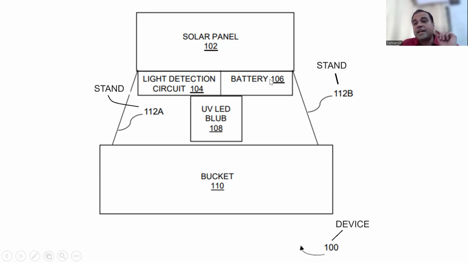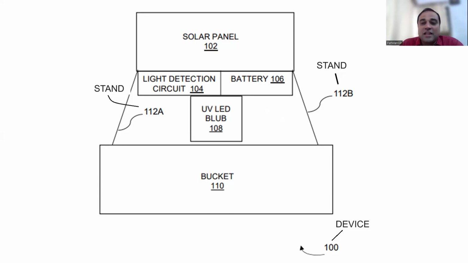During the daytime, when the device is in its first mode, the light detection circuit detects the intensity of the sunlight and therefore it urges the UV LED bulb to stay in a switched off mode. So that means the UV LED bulb is switched off.